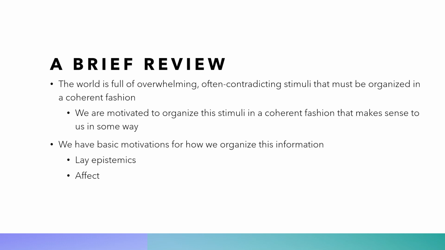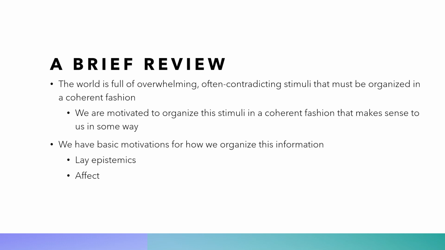At this point, I've said it so much, but take away that the world is full of overwhelming, often contradicting stimuli that must be organized in a coherent fashion. We need it to make sense to us, and through this process of organizing things into coherence, some things get lost in the process, and that's important for understanding social cognition.